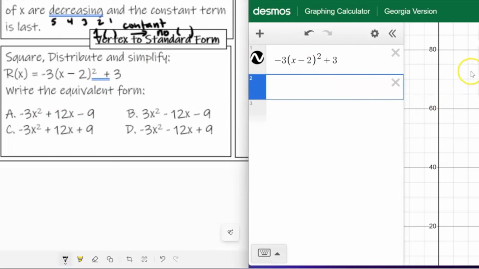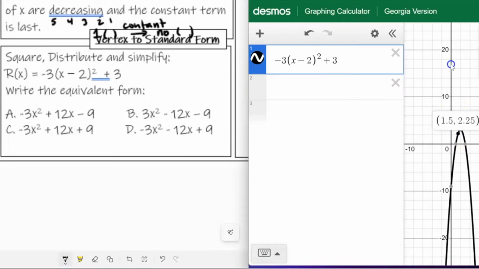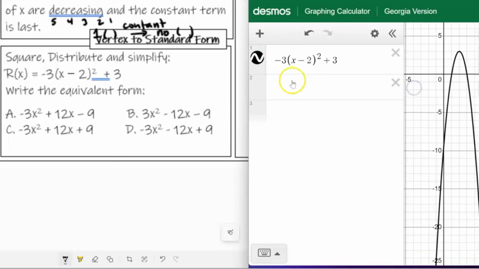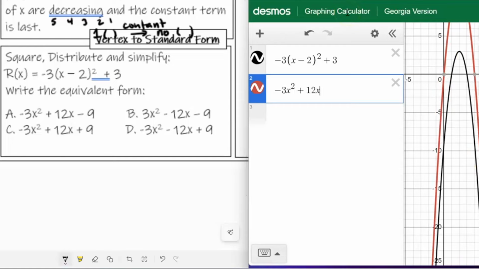And we've just established that using Desmos, what you can do is, let me click home. All right, so that way I can see it. You're just going to type it in and see which one matches. 12x minus 9. Oh, the first one? Interesting. All right, so the first one matches perfectly, so it's correct. I'm just going to double check everything else to make sure they don't match and there's not more than one equivalent.